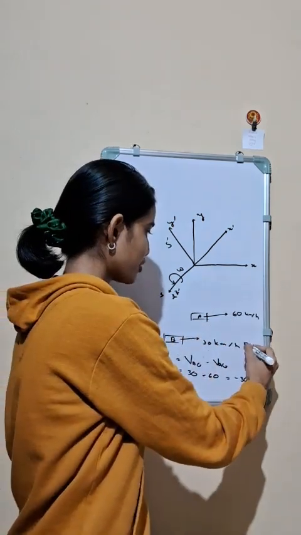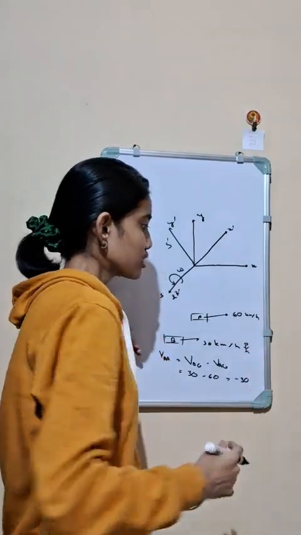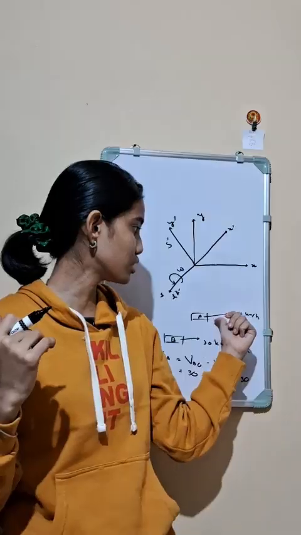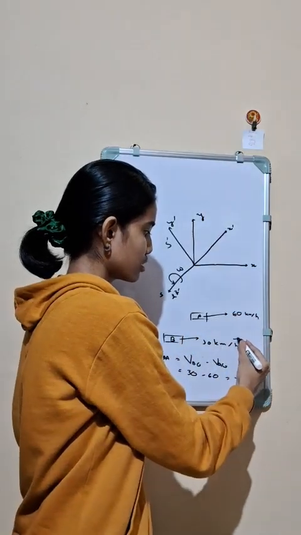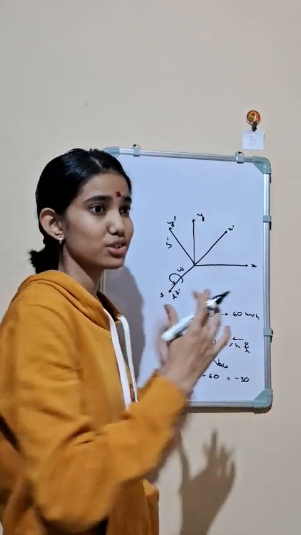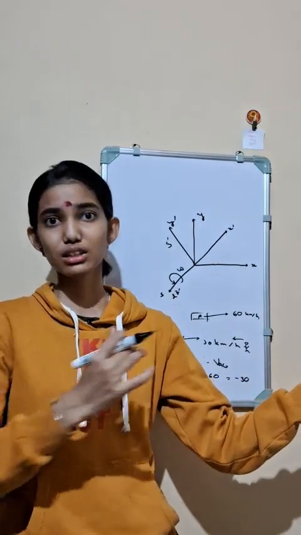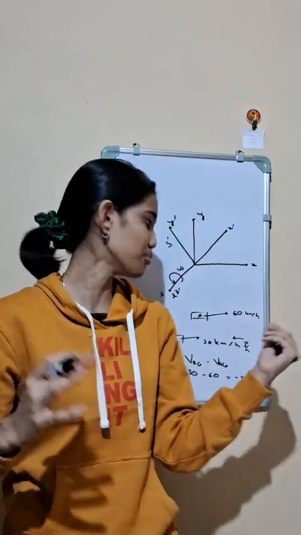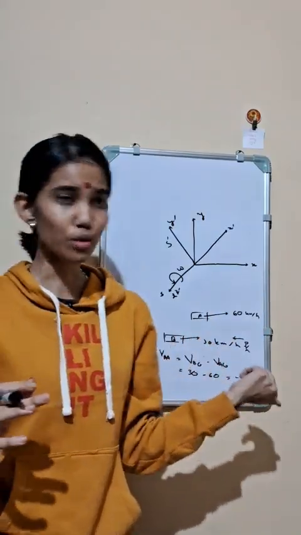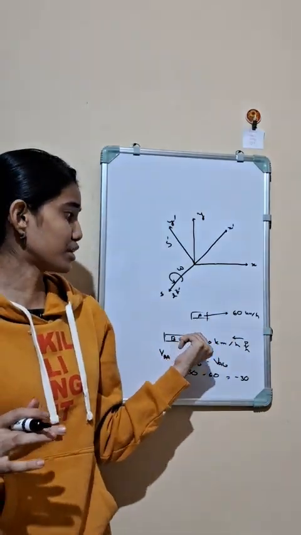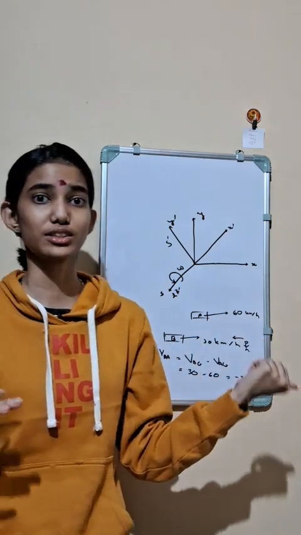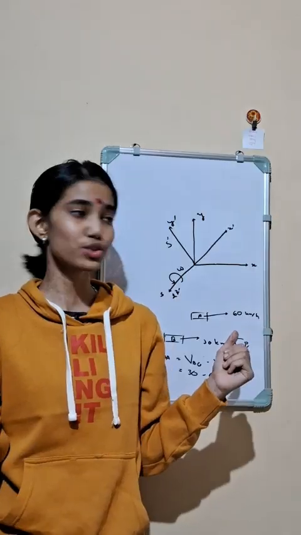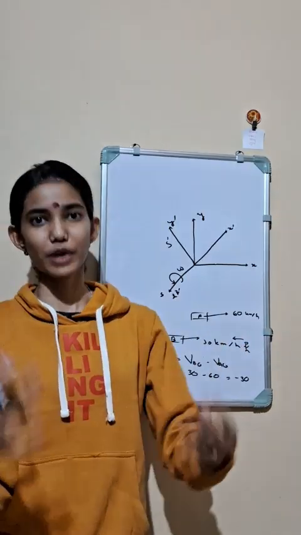This observer on the ground is traveling at 60 km per hour in the opposite direction, meaning if I am traveling towards east, the observer on the ground is traveling towards west with the same velocity, and B is not traveling at 30 km per hour towards east, but A will feel that it is going towards west at 30 km per hour velocity.